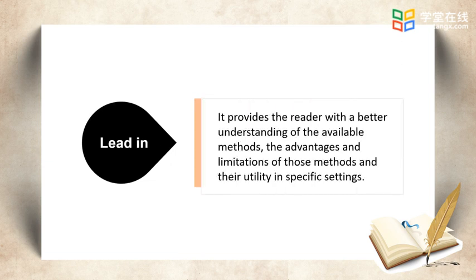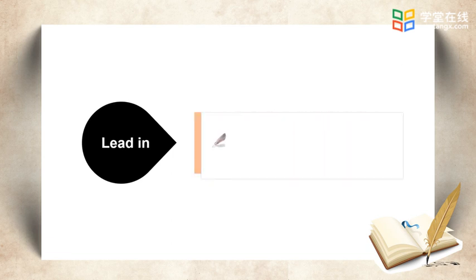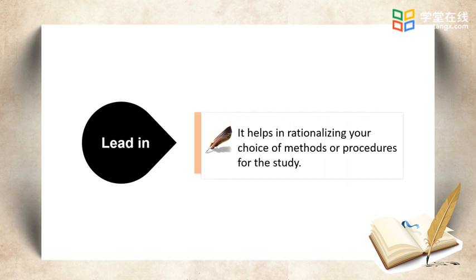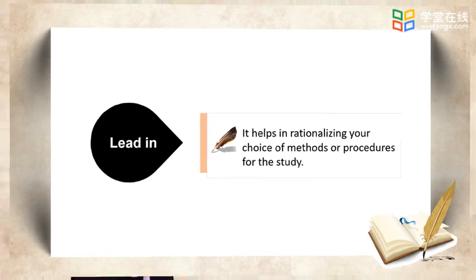It provides the reader with a better understanding of the available methods, the advantages and limitations of those methods, and their utility in specific settings. It helps in rationalizing your choice of methods or procedures for the study.